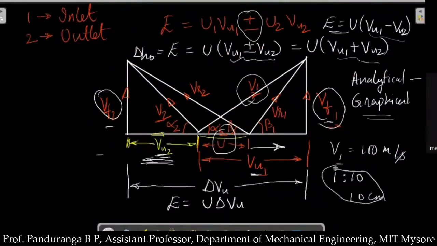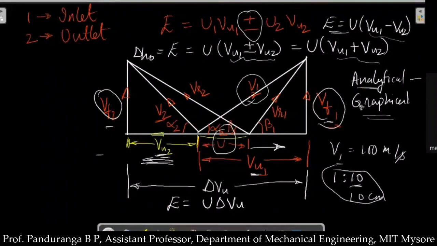Like that, by taking a suitable scale, we can construct the actual velocity triangles, and from there directly measure the length of VR1 and multiply that with the scale factor, and you will get the velocity. From that you can again find the energy, the enthalpy, or the different efficiencies required. So this is the basic of solving problems in turbomachines.